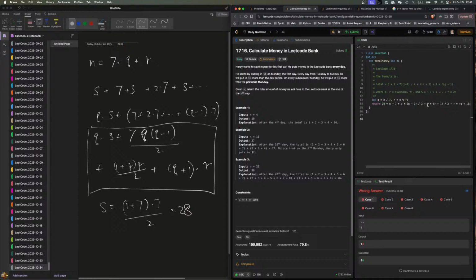So r is 4. 4 times, oh, q is 0. Maybe I don't do q plus 1. Maybe it's just q.